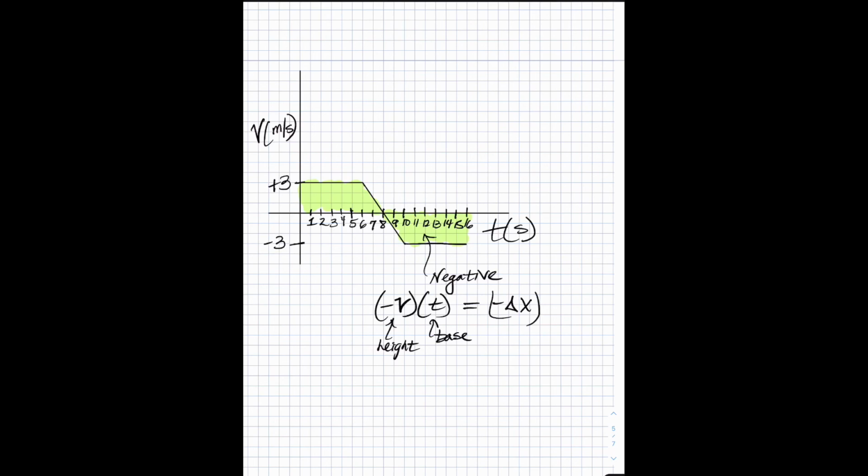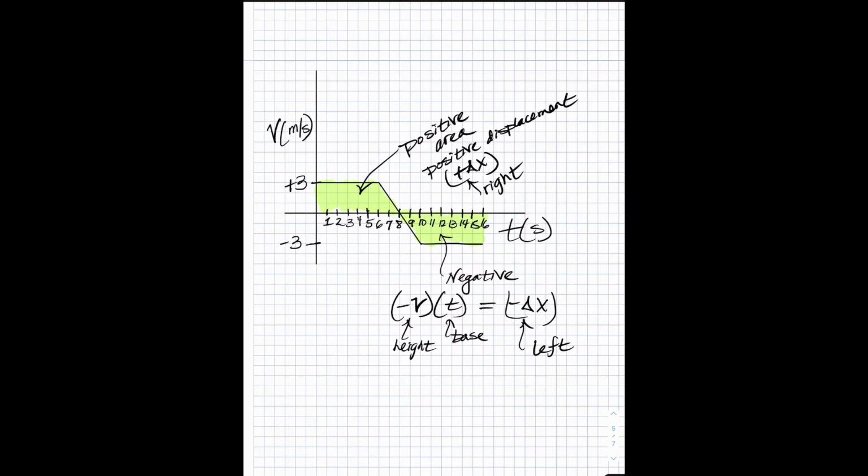And so up here, when the area is positive, we have a positive displacement, this is positive delta x. What does positive mean? It means a change in position maybe to the right. And what does negative mean? A change in position maybe to the left. Hopefully that's making sense. So not only is the slope meaningful, but the area is meaningful.